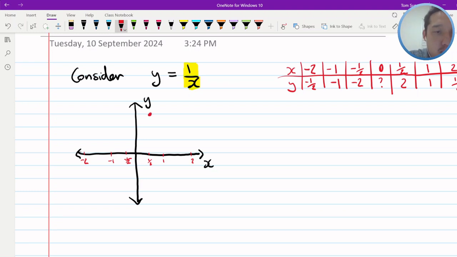At 1, y is about 1 here, and at 2 we have ½, so that'd be around here. That's what it looks like on the positive end of the x.